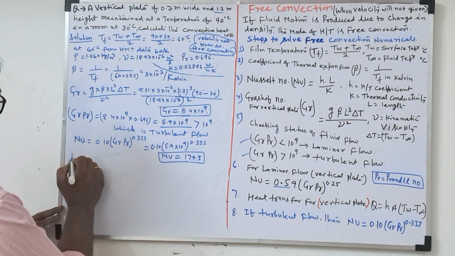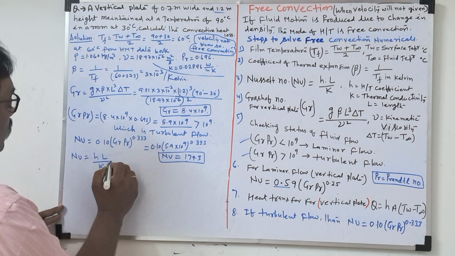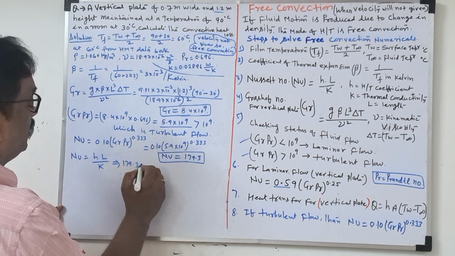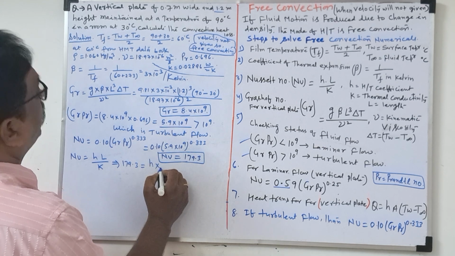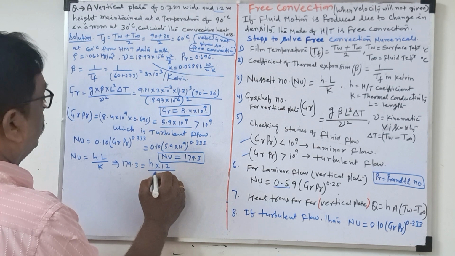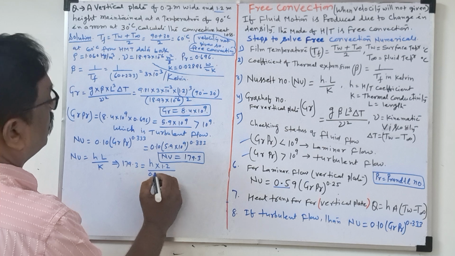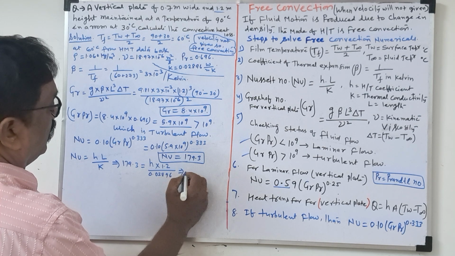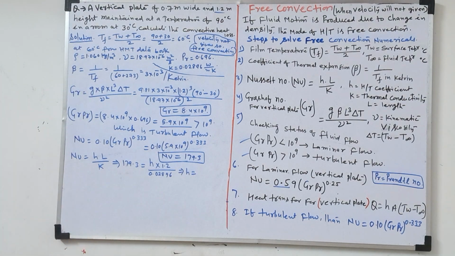So 179.3 is equal to h into length 1.2 meter, divided by k, thermal conductivity, which you already wrote here, 0.02896.